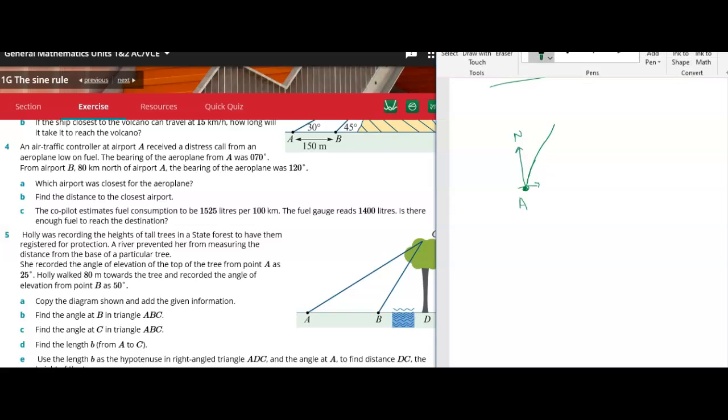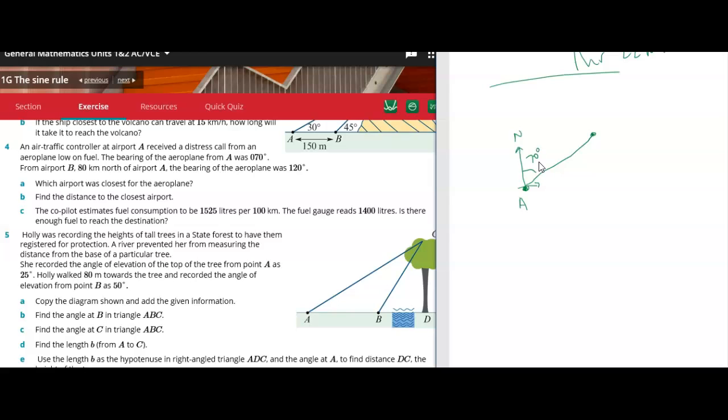So I might draw it again, because it shouldn't be that steep. Sometimes it doesn't matter, but it can make things difficult to understand. Oh gosh, that's a bit better. Okay, so there's your aeroplane. That angle there, because it's a bearing, is 70 degrees.